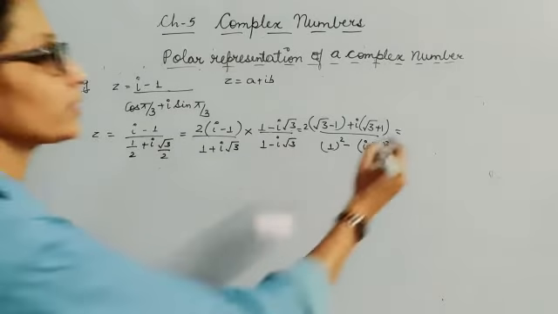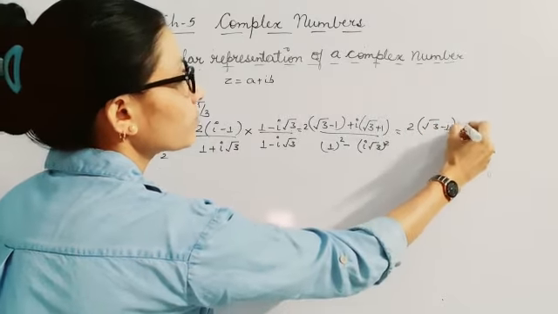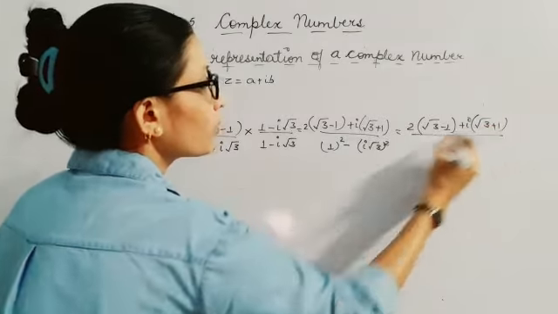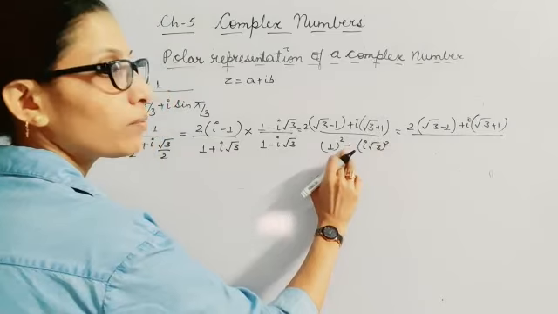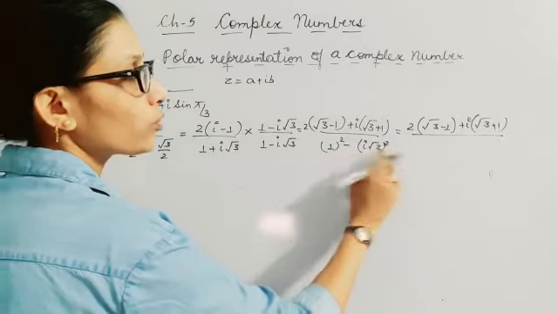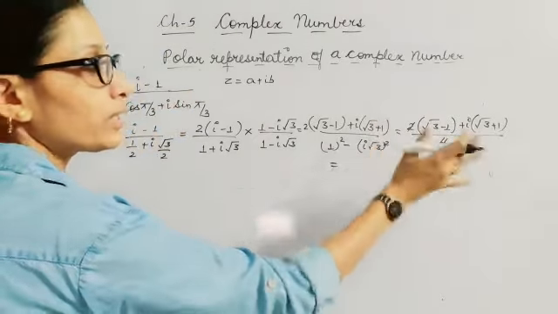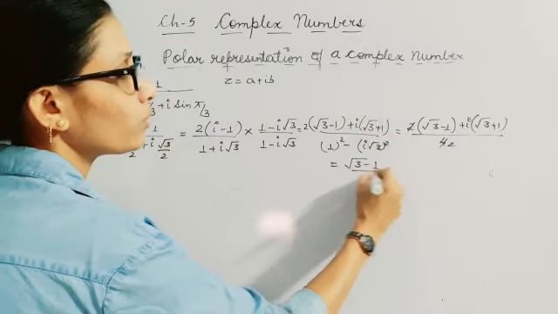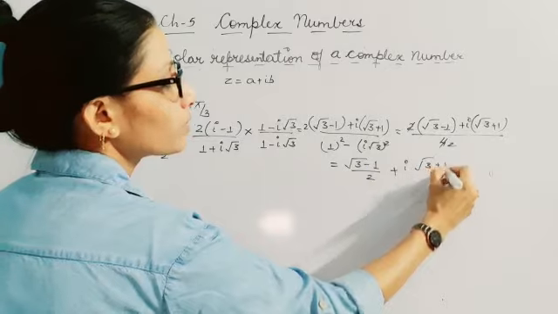So I will be getting it as twice of under root 3 minus 1 plus iota root 3 plus 1 whole upon, this is 1 minus iota square will make it plus, this will be 3. So 1 plus 3 is 4. So I am getting it, separating the real part and the imaginary part, as root 3 minus 1 by 2 plus iota root 3 plus 1 by 2.